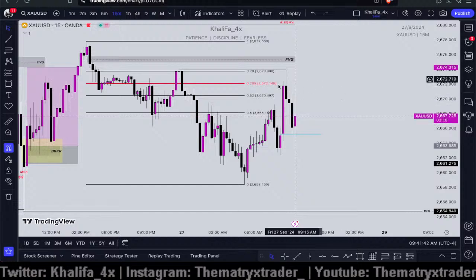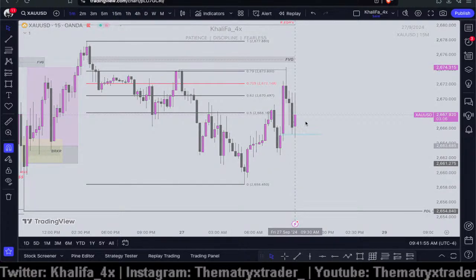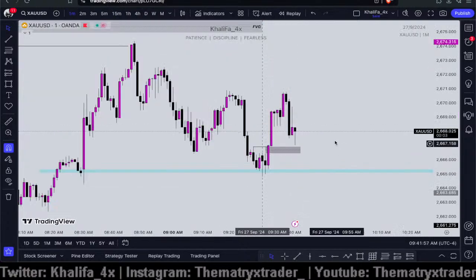Since we already took the sell side liquidity, and see this real nice entry from this optimal entry zone, I'm expecting this.